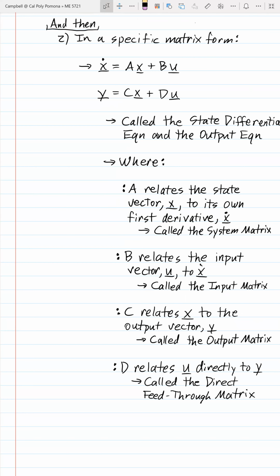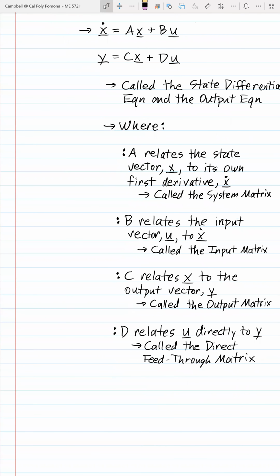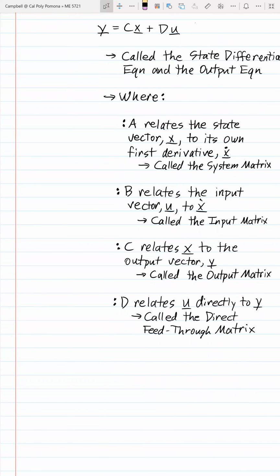But you should be getting, and you will get, the same output for the same input, regardless of how you select the states, though, of course, the matrices will change accordingly to make sure that things remain consistent. So those things will change, but of course, since we have the same inputs and same outputs for our system, those will remain the same regardless of what kinds of states we choose.